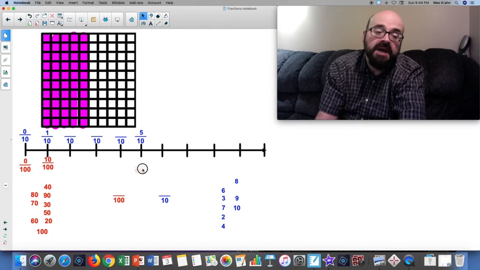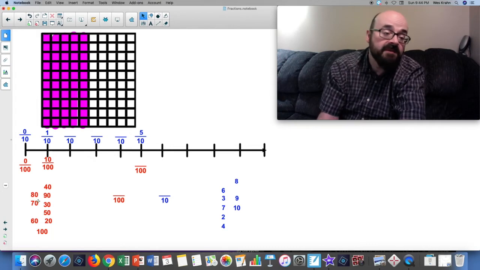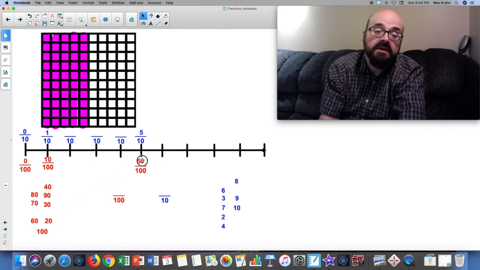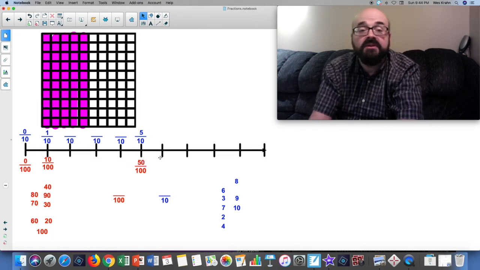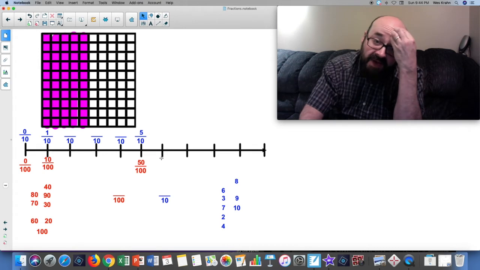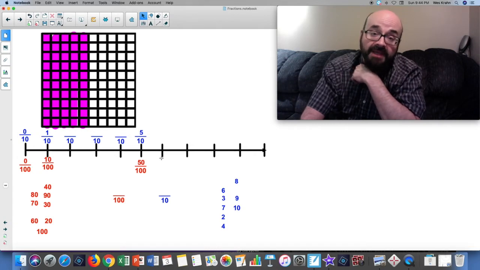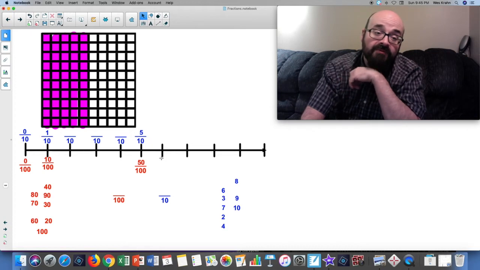I know that there's 100 equal pieces, and if I count them, 10, 20, 30, 40, 50 hundredths, that's what it's going to look like. And it's important for us to know how to say this, 5/10 or 50 hundredths, because that's going to lead into what we're going to do next. For now, this is all we're going to do for fractions.